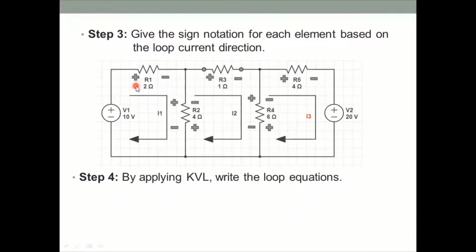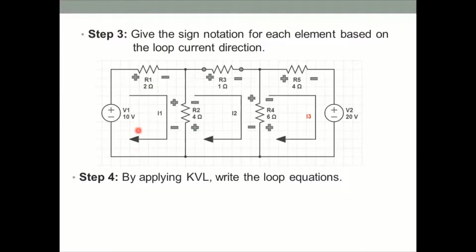Here, if you observe, we have the resistor and we have the current. So we can write the drop as I1 into R1, right? Based on the sign notation, the sign notation plays the major role. We should take the sign notation as our main consideration here.